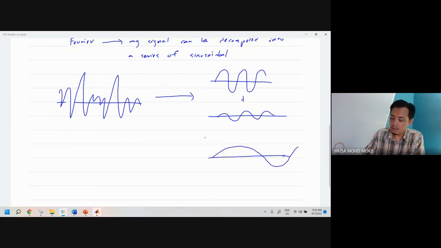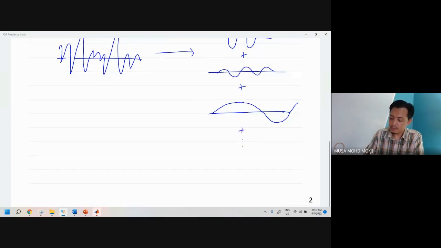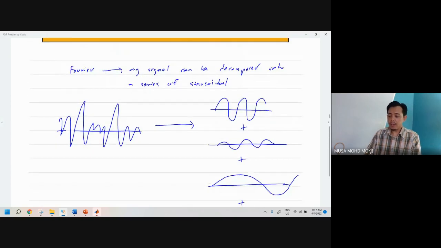It is a series, meaning a sum of sinusoidal signals. Normally you should have maybe an infinite number of sinusoidal signals for a signal. So what is the difference between each of the sinusoidal signals?